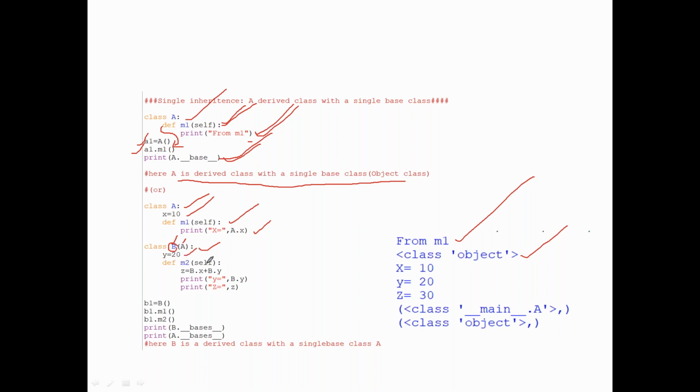Now def m2. So one more method I'm creating, z equal to B.x plus B.y. If you observe here, I'm not using A.x, I'm using B.x. The reason is, when you start using inheritance, any type of inheritance, the properties are inherited to your child class.